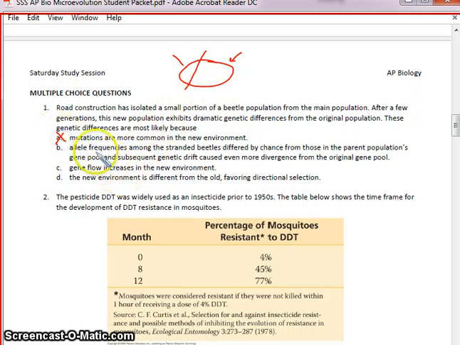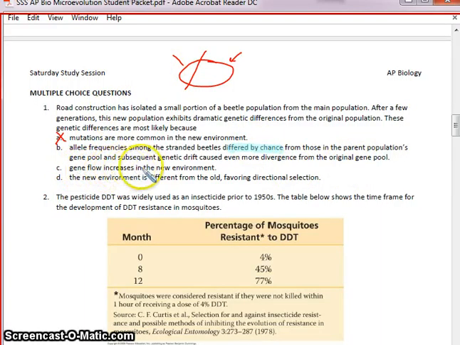So I'm going to skip that one. Letter B, allele frequency among the beetles differ by chance from those in the parent population's gene pool, and subsequent genetic drift caused even more divergence from the original gene pool. I do like the words where it says it differs by chance, because remember, genetic drift is all about chance. I like that one, but I'm going to read the rest of them.